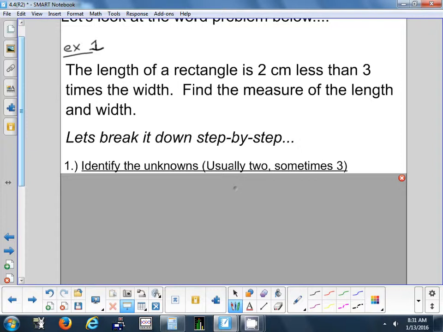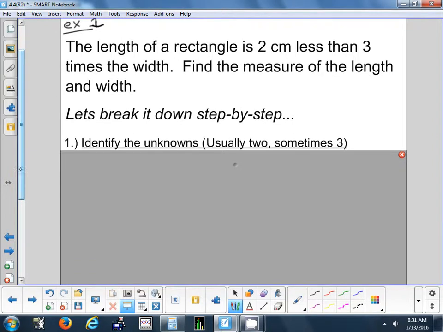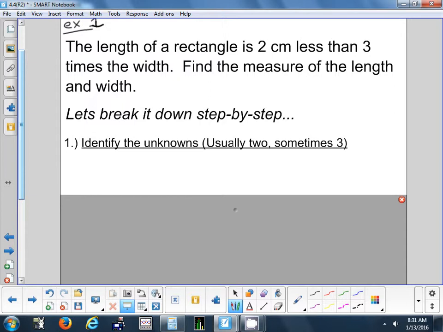So under this step, we're going to go back to this problem so you have a step-by-step on how to do it. We're going to identify the unknowns. Ryan, what's the first unknown that shows up in this problem? What are the 2 things we have to find? Length and width. Does length show up first? Is length the first thing mentioned?